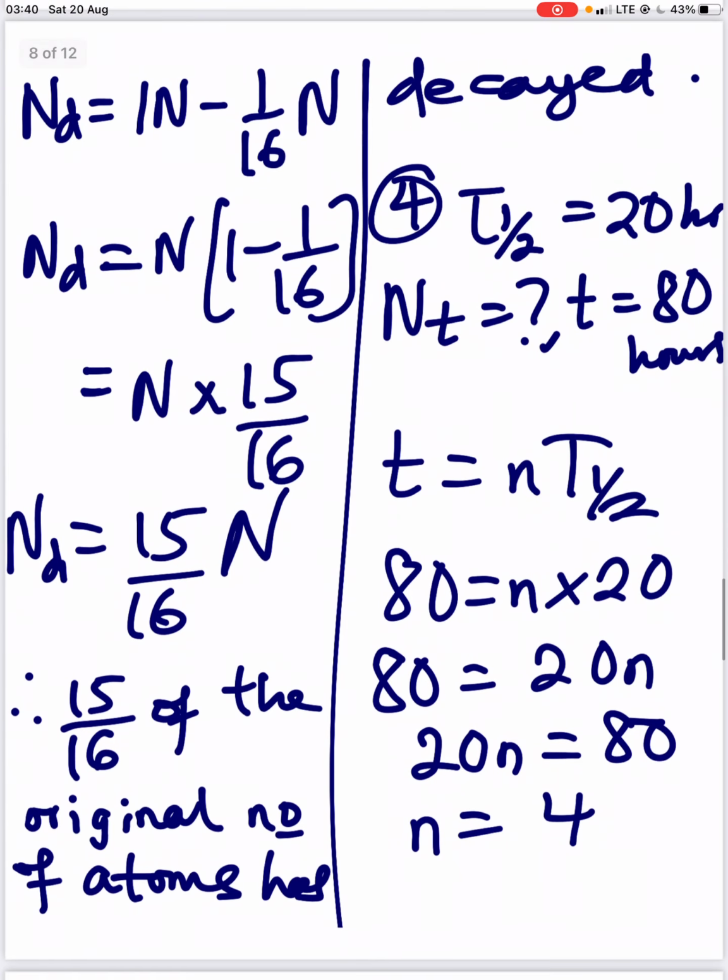Number 4, T half is 20 hours. The half-life of an isotope is 20 hours. We are looking for the amount remaining after 80 hours. Let's first go ahead and find the number of half-lives that have passed. 80 is n times 20, because 80 is our time passed. n is the number of half-lives times 20 hours, which is the half-life.